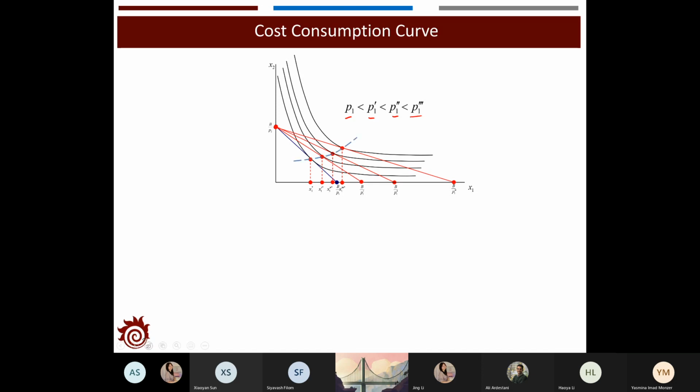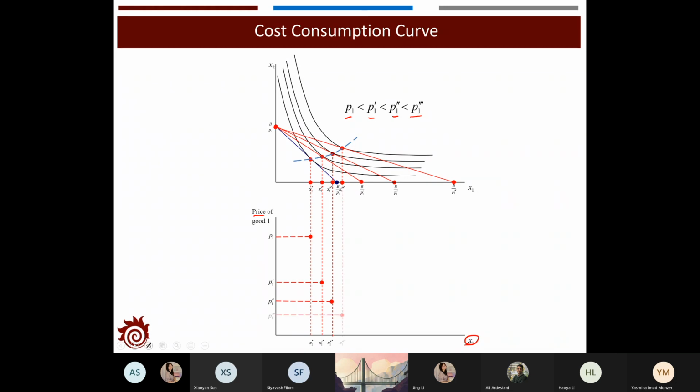And now if we connect all these points together and draw them in the price and consumption plane, for each price you have one value of x1, and you put all these points you obtained from the figure above.